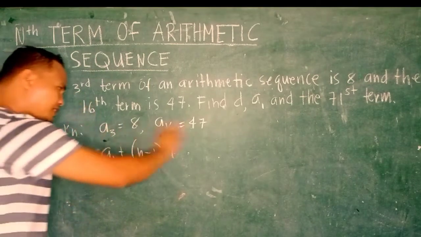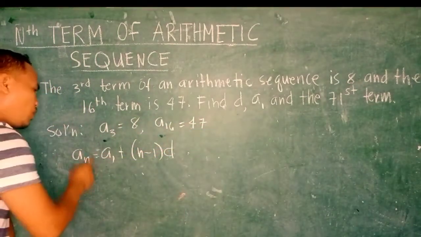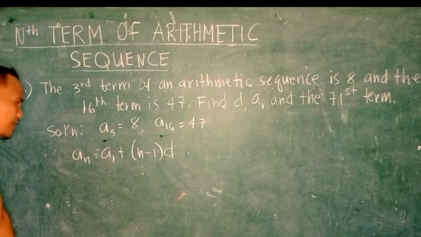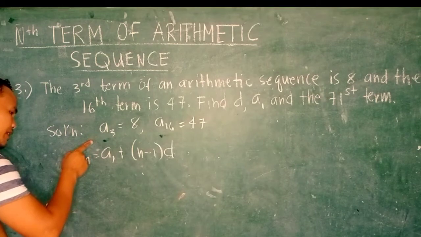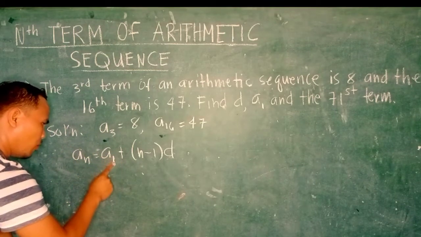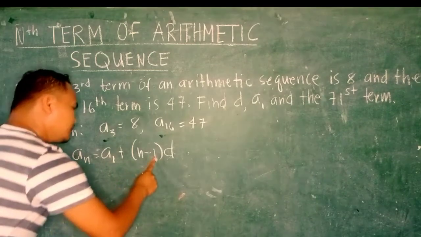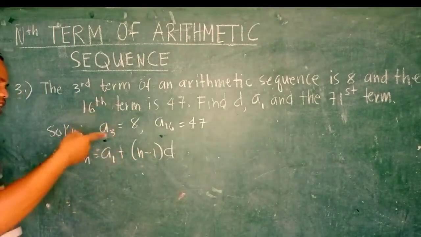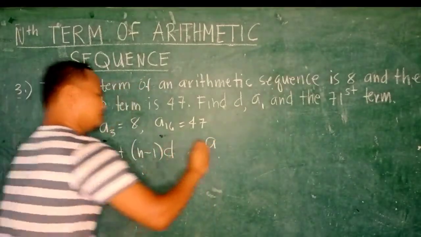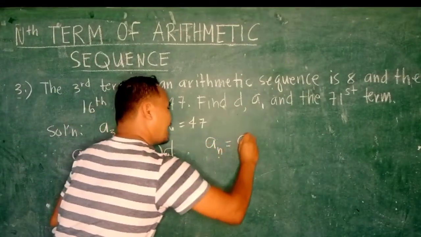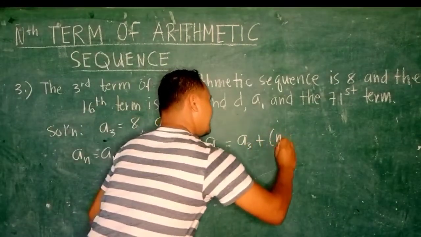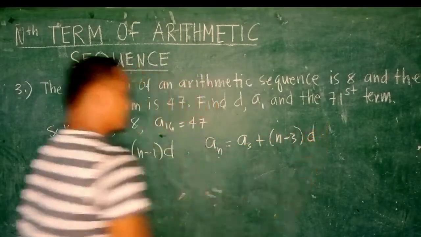Now, if this is the given, we can write another formula. Kung ang given a sub 3, we can have another formula, a sub n equals a sub 3 plus n minus 3 times d.